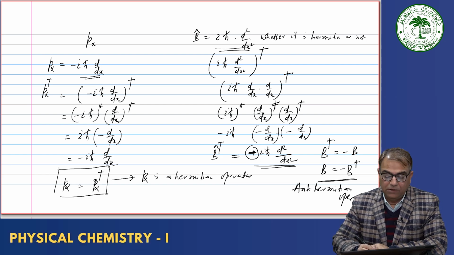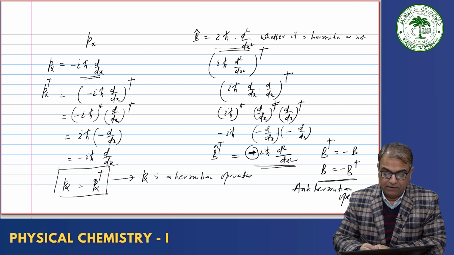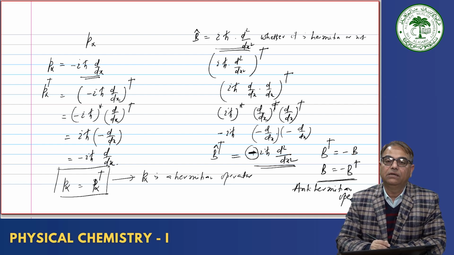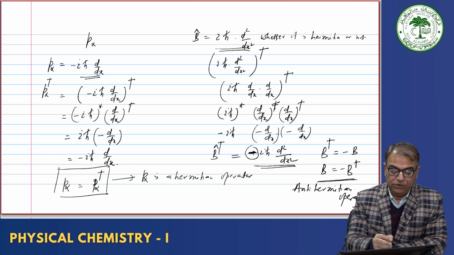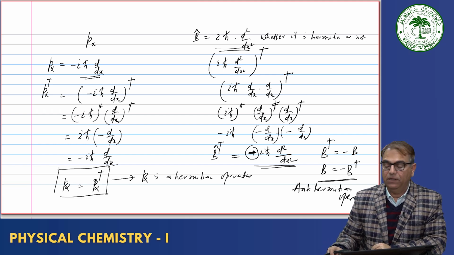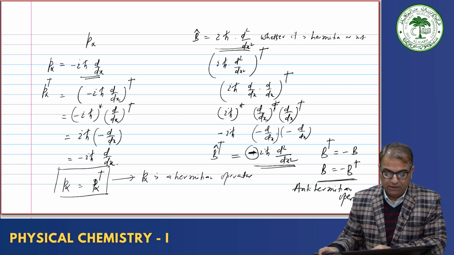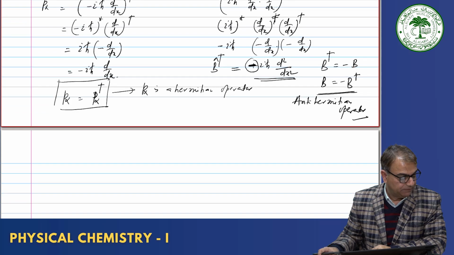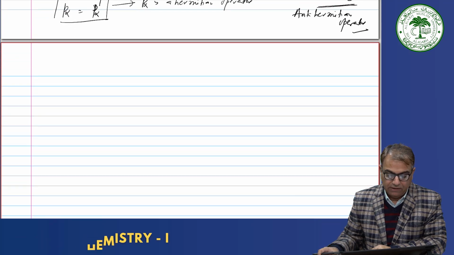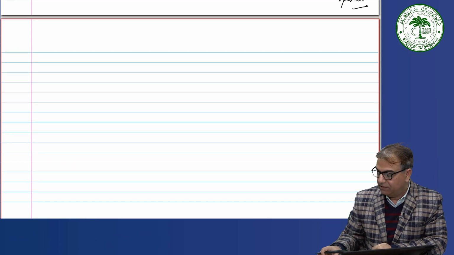So this way we can find out whether a given operator is a Hermitian operator or not by using the concept of dagger operators. A few more examples. d/dx is also an operator.